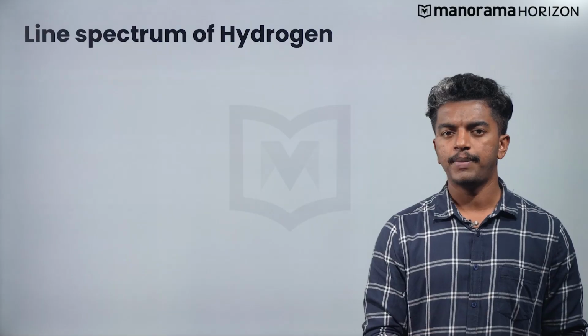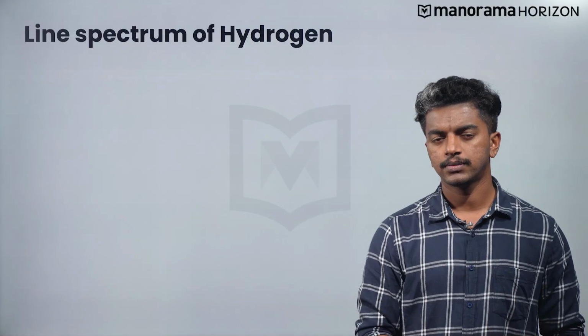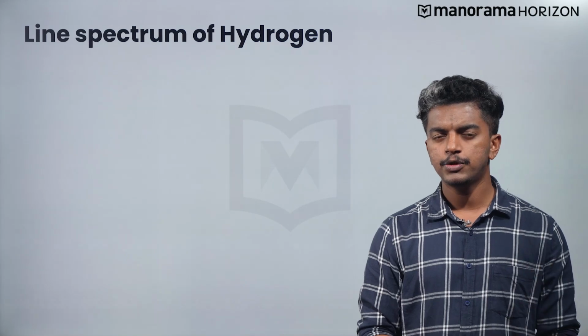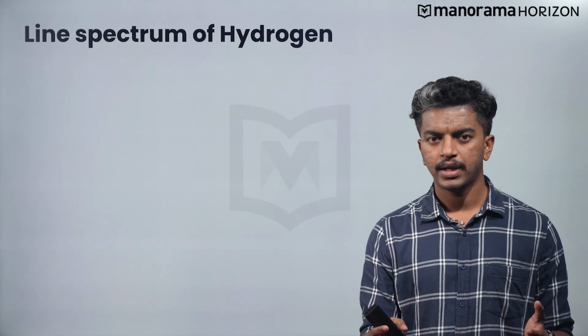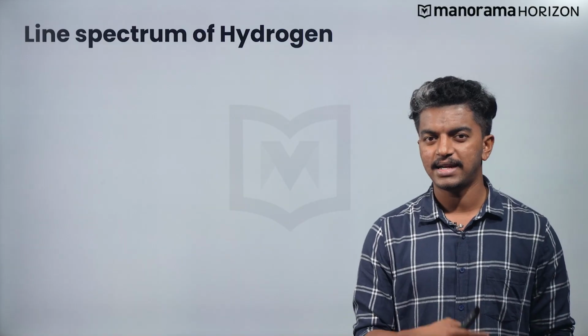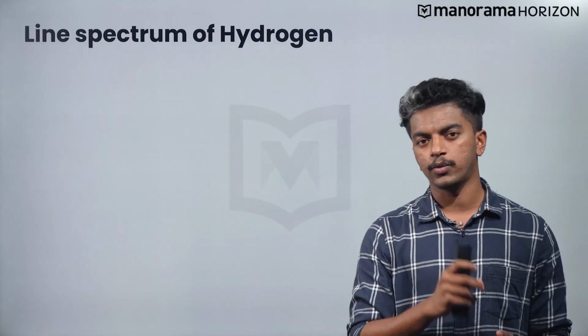Now that we have covered the basics of the line spectra, let us look into the line spectrum of hydrogen. When an electric discharge is passed through gaseous hydrogen, the hydrogen molecules dissociate and energetically excited hydrogen atoms emit electromagnetic radiations of discrete frequencies.